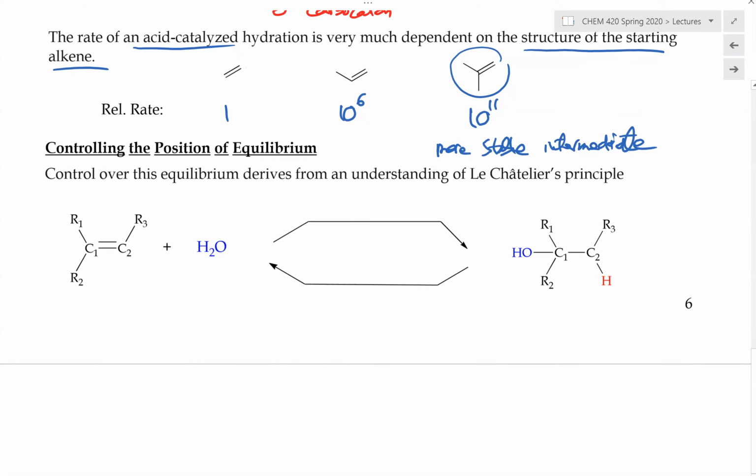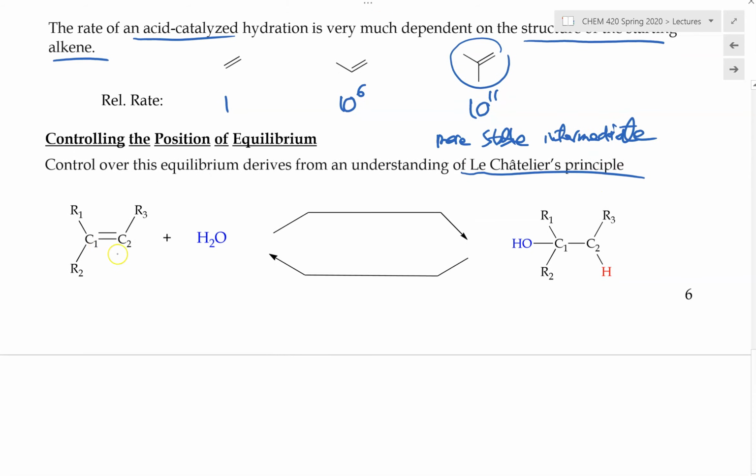And now, as for controlling the position of equilibrium, we can see that the addition reaction and the elimination reaction are in equilibrium with each other, and we can control whichever direction we want by utilizing Le Chatelier's principle. Going in this direction, from the reactant into the product, is the addition reaction, versus the opposite, which would be the elimination reaction.